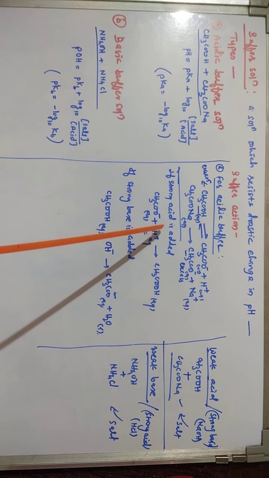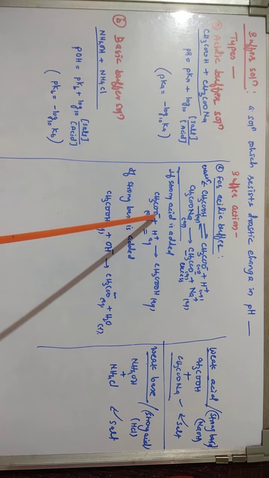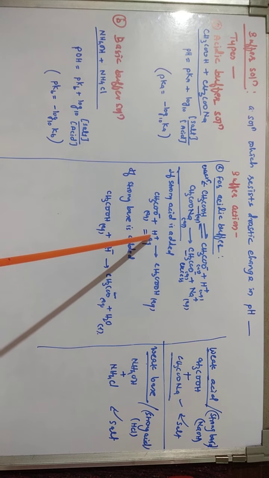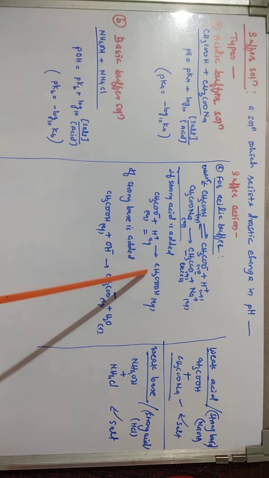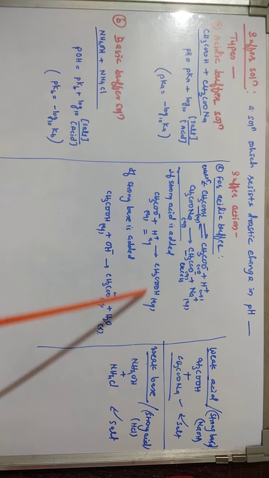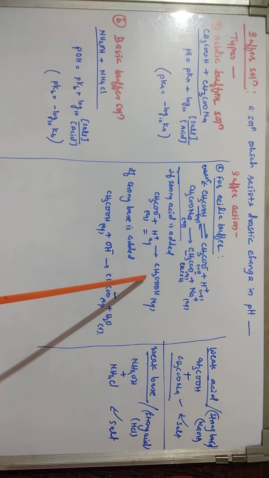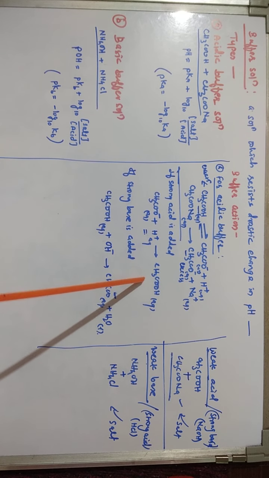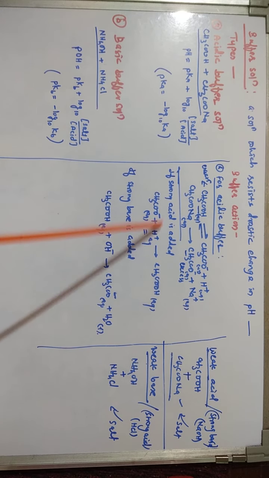On the addition of H plus ions, the CH3COO minus ions which are present in excess in the solution combine with H plus, and neutral undissociated CH3COOH molecules, a weak acid, are formed. So the H plus ion is used up and the acid is neutralized by the formation of CH3COOH. In this way the pH is maintained constant against the addition of strong acid.